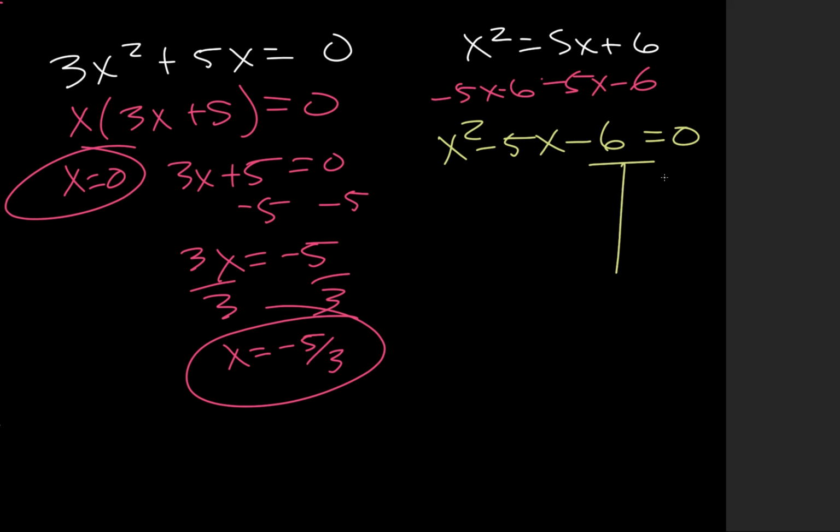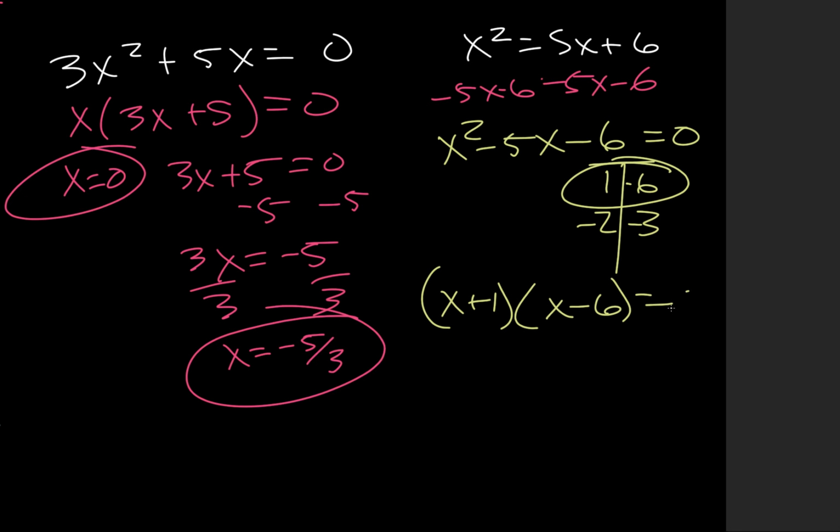And so we can do our T factoring method right here. 1, 6, 2, 3. We want to add up to a negative 5, so we would do one of those. We want it to also multiply back to a negative 6. So those are the only ones that would multiply back, because this would be a positive 6 down here. And so we get x plus 1, x minus 6.